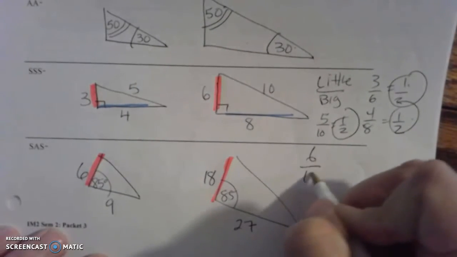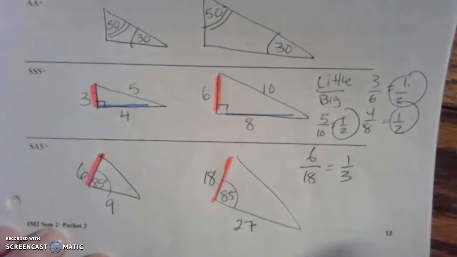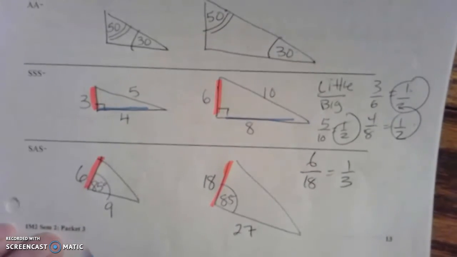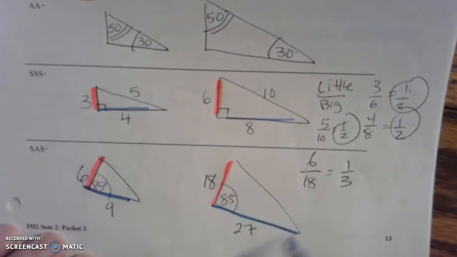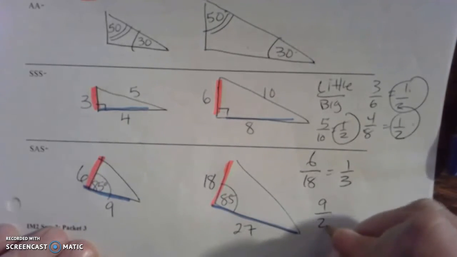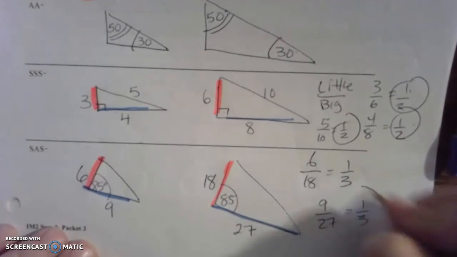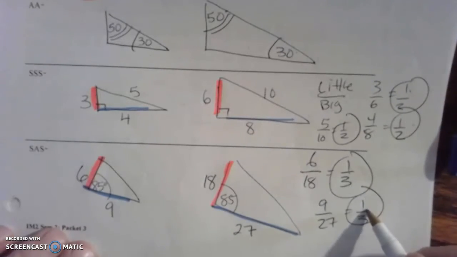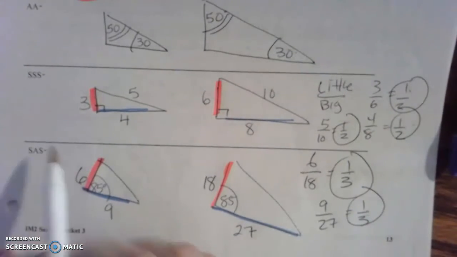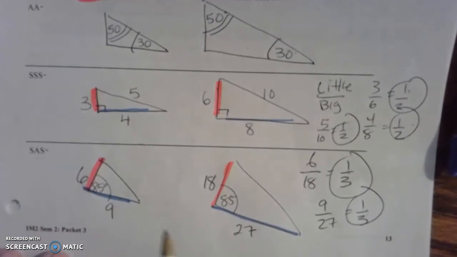We do 6 over 18, which reduces to 1/3. Okay, and then I'm going to compare the other sides that match up, and we have 9 over 27, and that reduces to 1/3. Again, if my 2 sides have the same proportion, then they are similar. 2 sides and the angle between them has to be the same. So 2 sides and an angle.